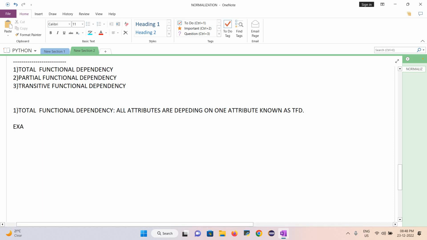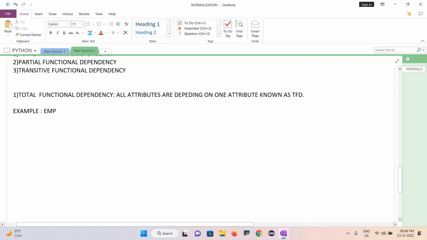Let me take an example, an employee table. In this employee table, this is my entity. So the employee has some values. Let me give the table.